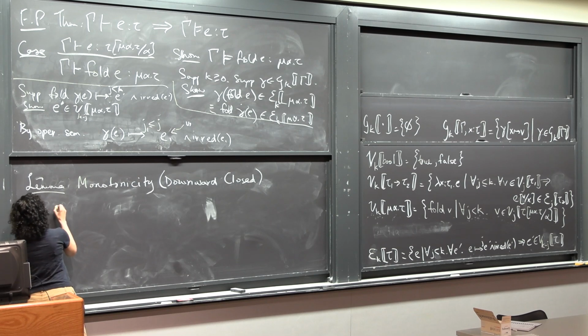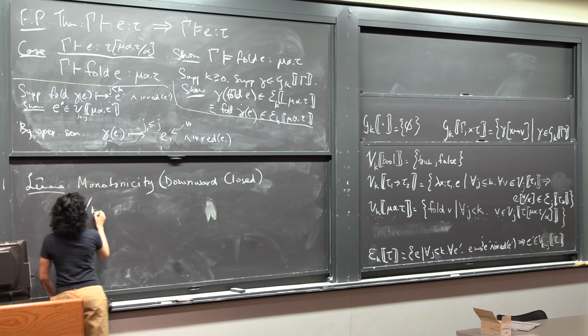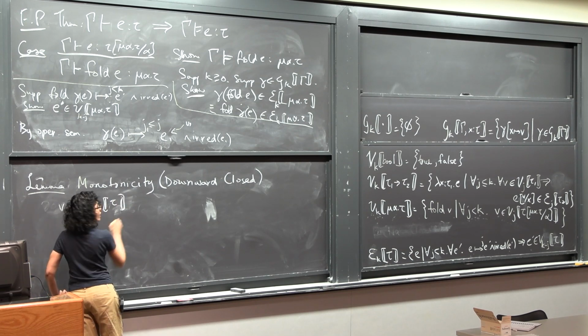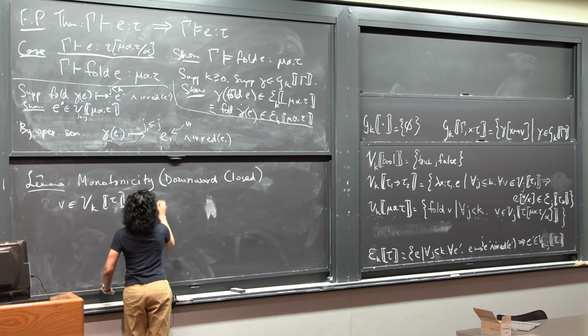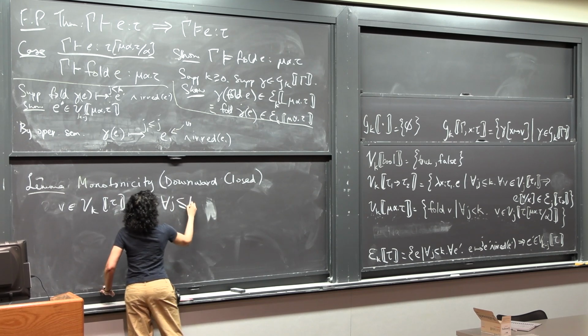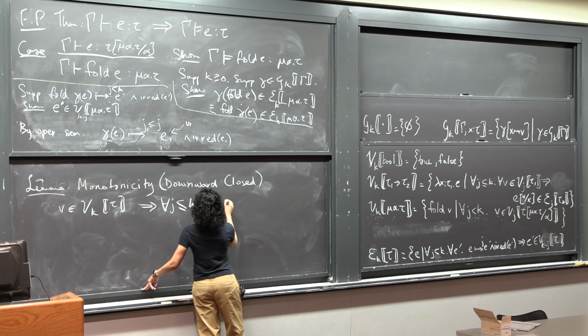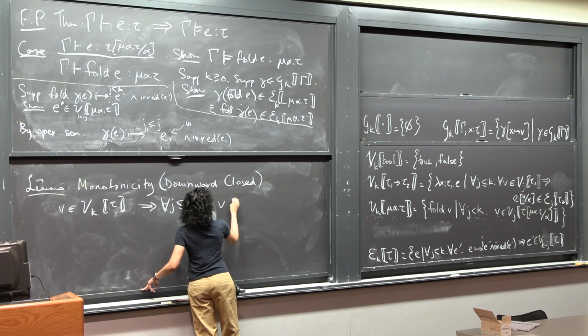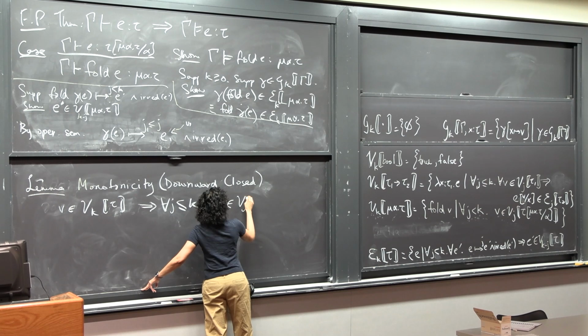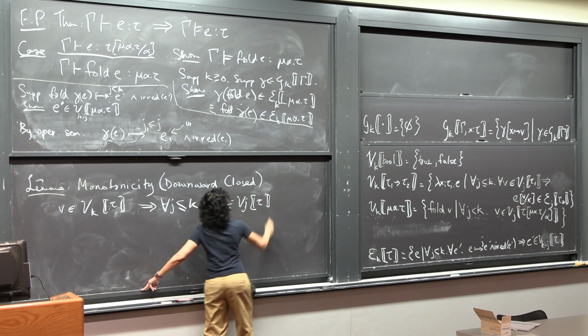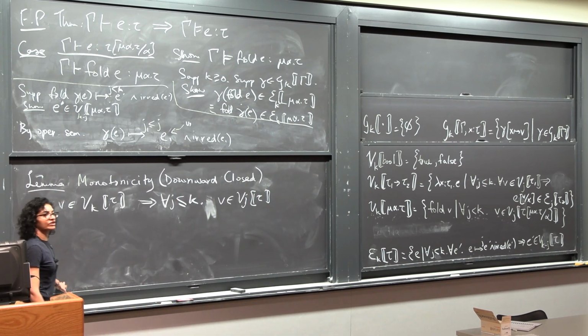All right, what does it say? It says that if you have a V that belongs to V of k for any arbitrary tau, then for all j less than or equal to k, you can make it strictly less than if you like, doesn't matter, V belongs to Vj. Okay? Monotonicity or downward closure.